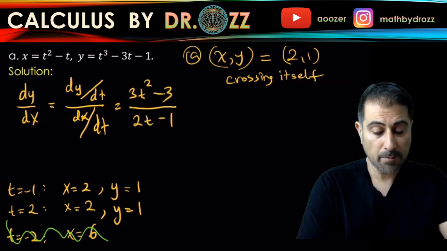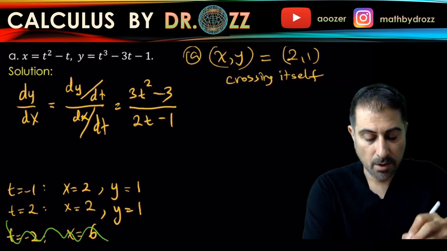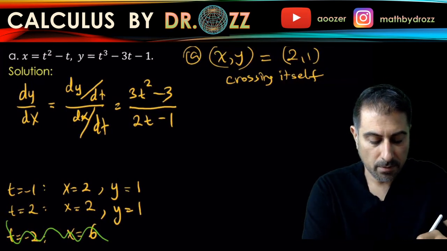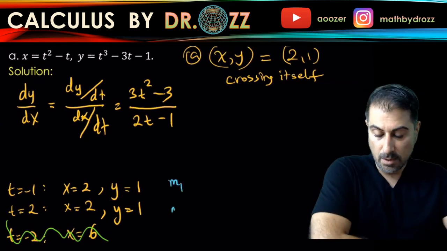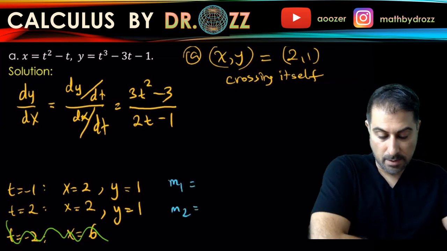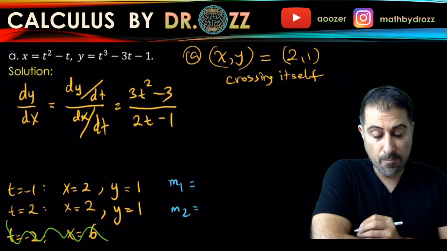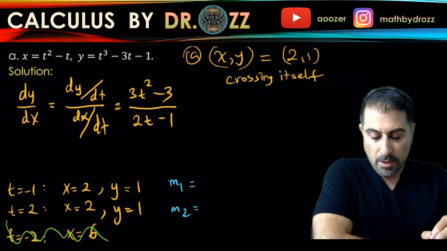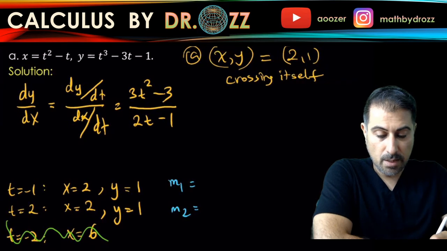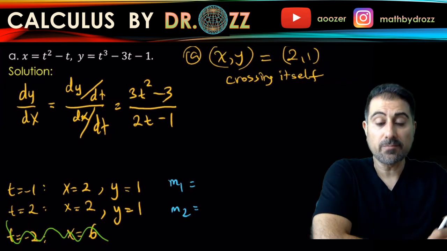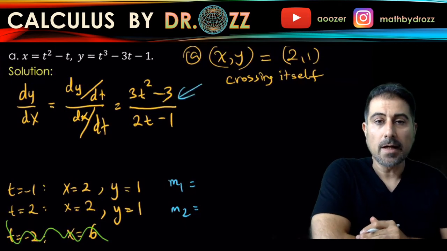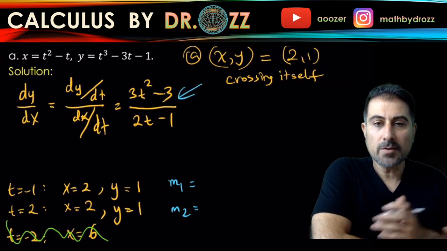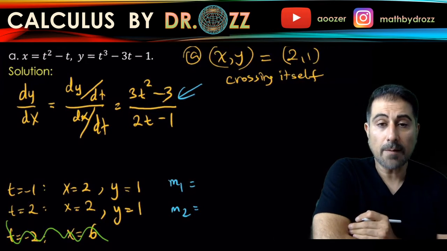Okay? And I'm going to evaluate dy over dx at two different t values. Let me call m1 the slope corresponding to t equals negative 1, and m2 for t equals 2. For m1, t equals negative 1, so it's 3 times negative 1 squared minus 3, and this is completely 0 because the top becomes 0.